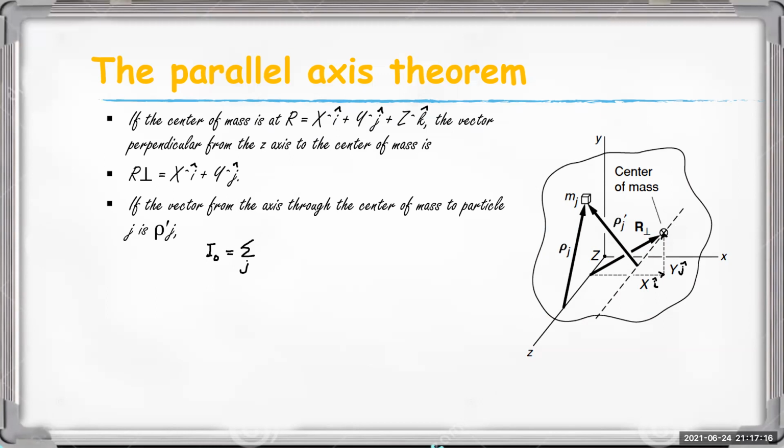Then I0 must be equal to summation j mj, where the distance is rho j dash, rho j dash whole square. Then I0 must be equal to summation j mj rho j dash square.